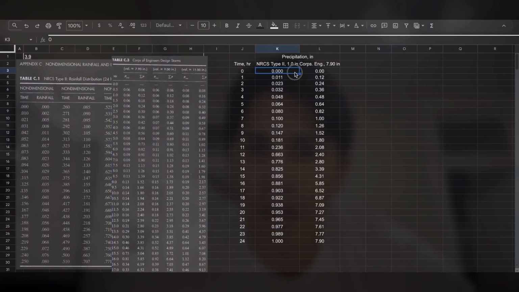Now, these values of precipitation represent only 1 inch of the storm precipitation. So what we need to do is multiply each of these values times 8. So let's do NRCS type 2, 8 inches.